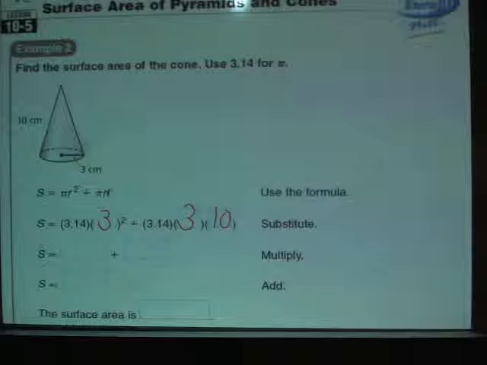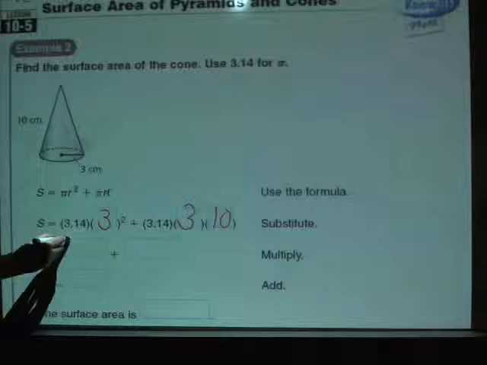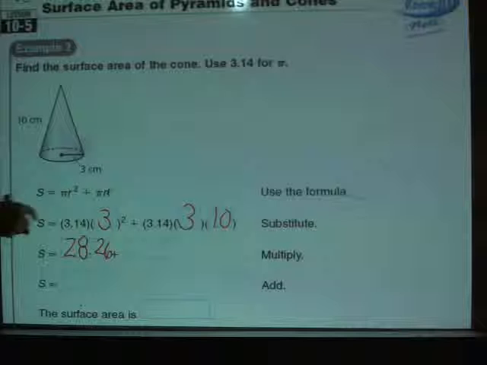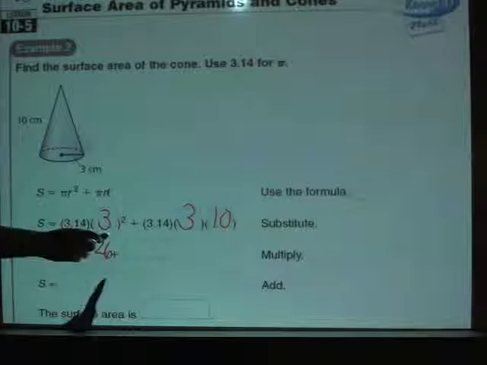So I've got 3.14 times 3 squared, in other words, 3.14 times 9 here. 3.14 times 9 is, of course, going to change into 28.26. Over there, I've got 3.14 times 3 times 10. That's the same as 30 times 3.14, which is 94.2.